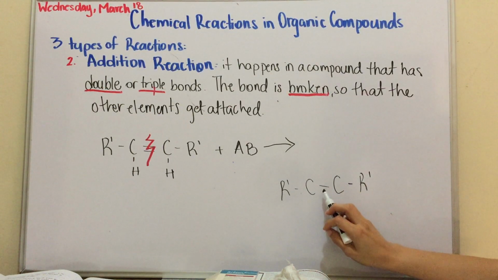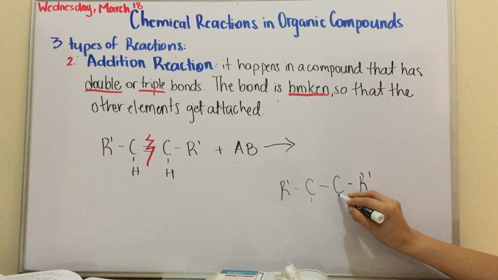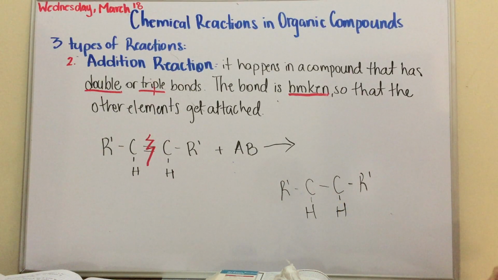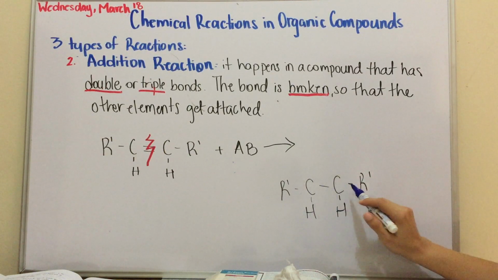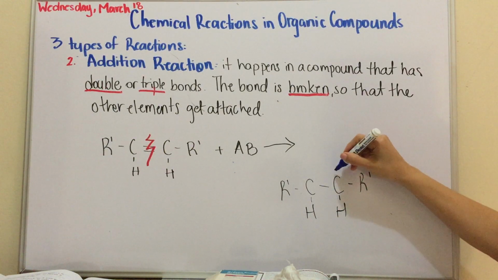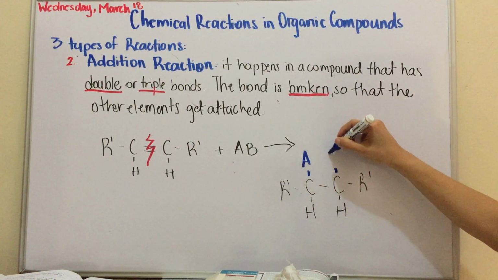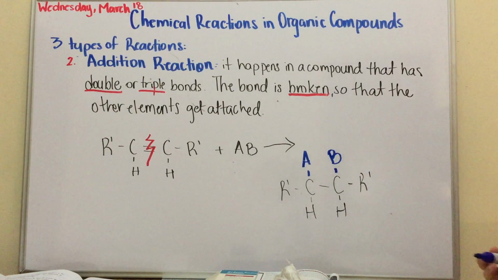I broke my bond and I knew I had a hydrogen here and a hydrogen here. So now since I broke my bond, I have 1, 2, 3, 1, 2, 3. So I'm missing one bond in each carbon, and this is where I'm going to put A and where I'm going to put B. And that is a simple addition reaction with examples with letters.